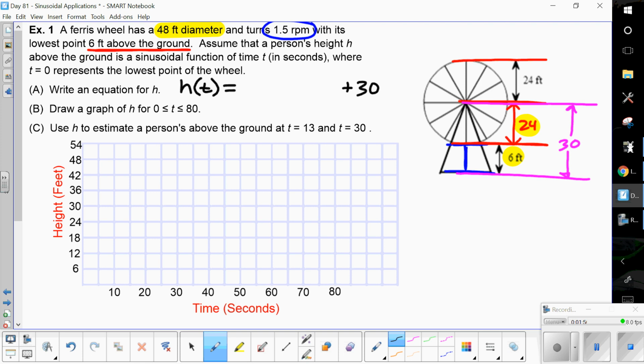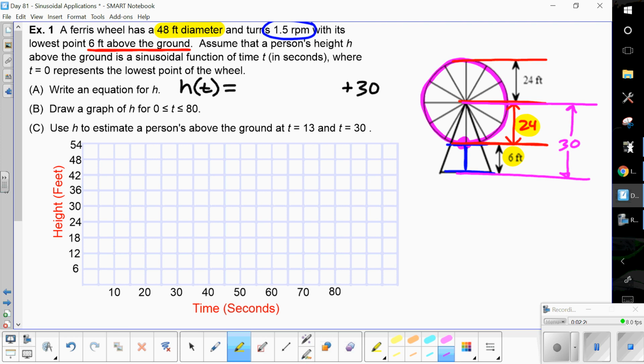All right, so as we're going through this graph, I'm going to think about what happens to a Ferris wheel. So when you get on a Ferris wheel, you're going to go ahead and get on the bottom of a Ferris wheel, and then you're going to go up to the top, and then you're going to come back down to the bottom.